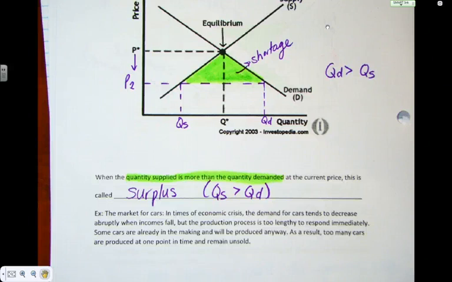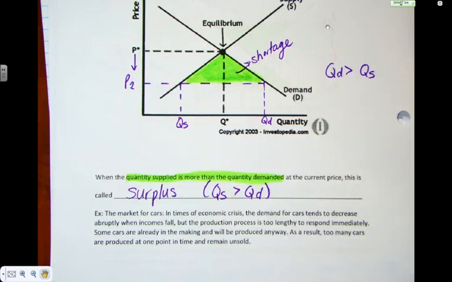Read the example there. So we're not talking fruit here where it's easy to get rid of fruit and you can pick new fruit.